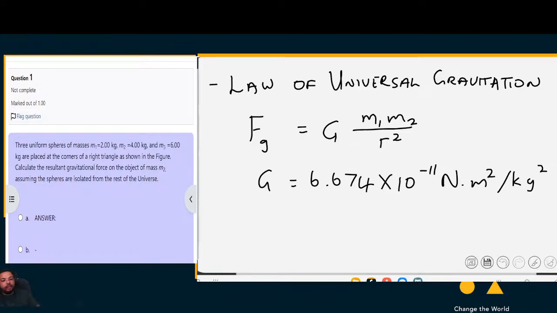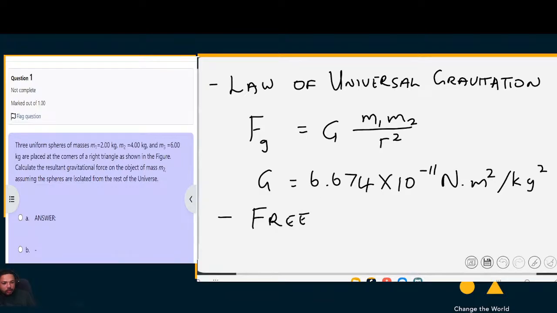How do you calculate the free fall acceleration of a body? So this is free fall acceleration.